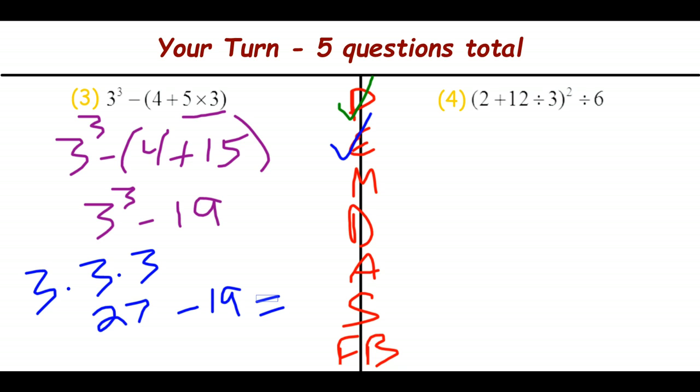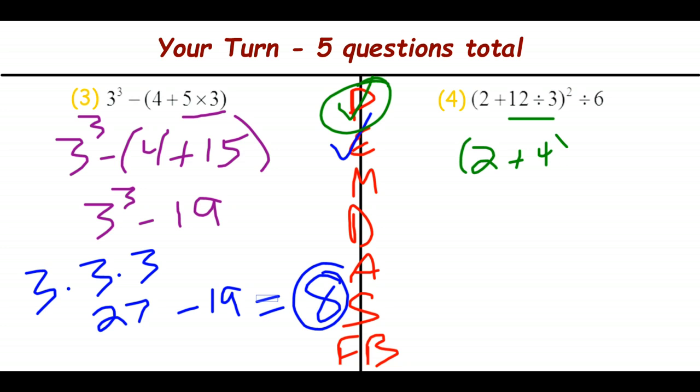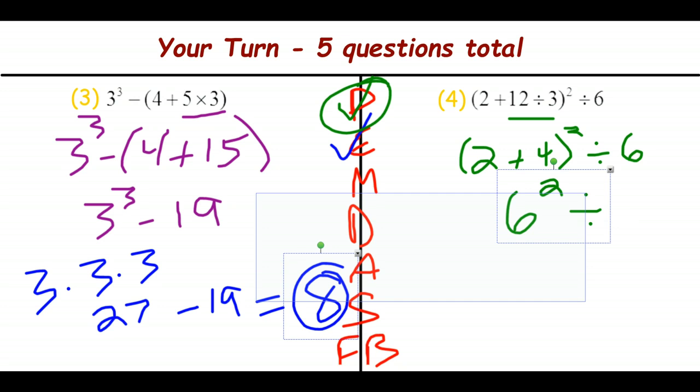and 27 minus 19 is 8. And then finally for number 4, we're looking within the parentheses again, because we have parentheses to start off with. So 12 divided by 3 is 4. 2 plus 4 squared divided by 6. 2 plus 4 is 6, so 6 squared divided by 6.